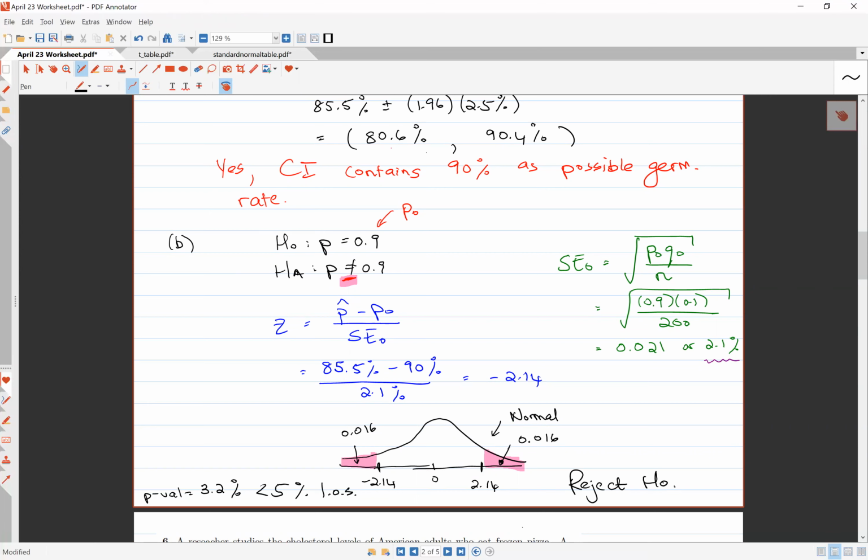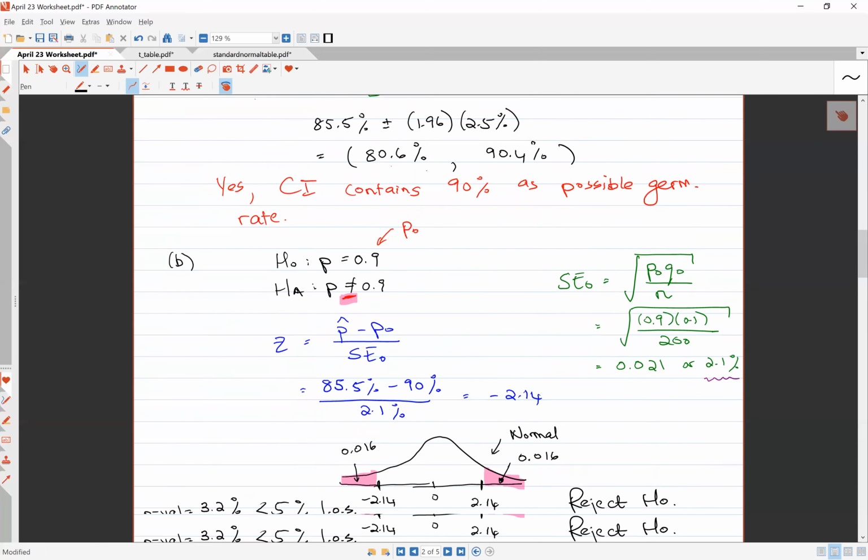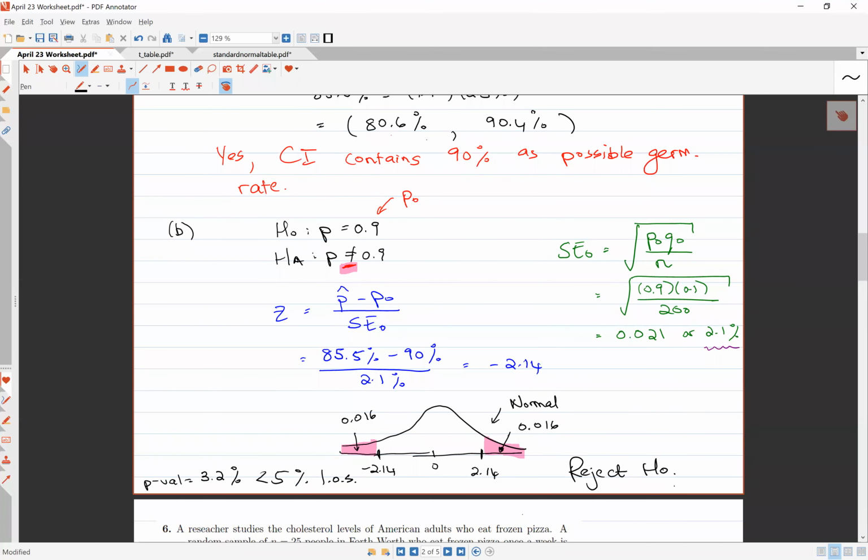But our sample data now says 90% is rejected. Based on the data we've collected, 90% is not a plausible value. It's a different number. So note, I specifically put in this example because using the confidence interval, we conclude that 90% is a plausible value. Doing the hypothesis test, we find that 90% is not a plausible value.